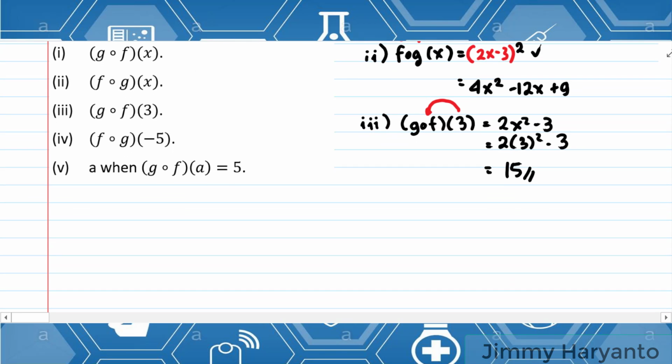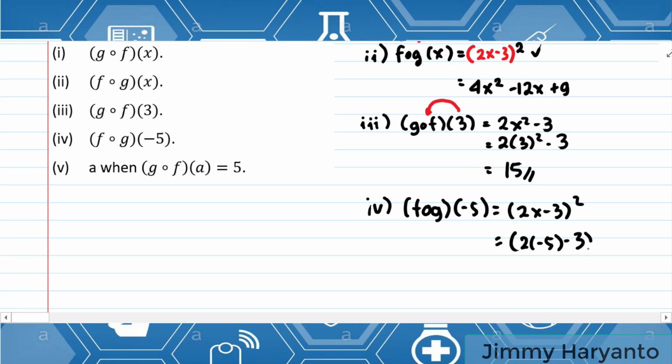And then the fourth, the question wants us to find f∘g(-5). So you have to substitute the negative 5 into f∘g. f∘g is this one, and then (2 times negative 5 minus 3) squared equals negative 13 squared, which is 169.